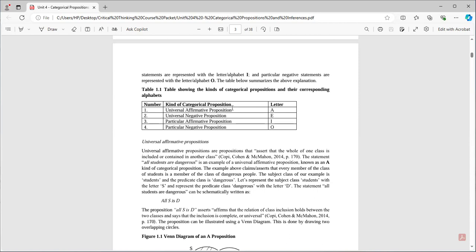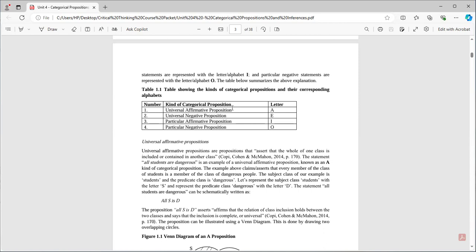Before we can do that, we have to convert our proposition into what is called a schema. We have to condense it to all students are dangerous. We'll still repeat our all.